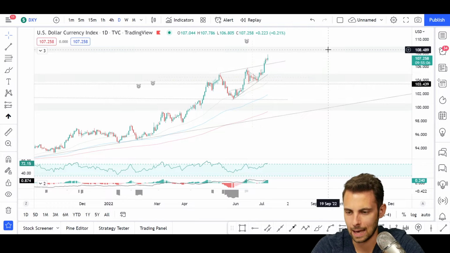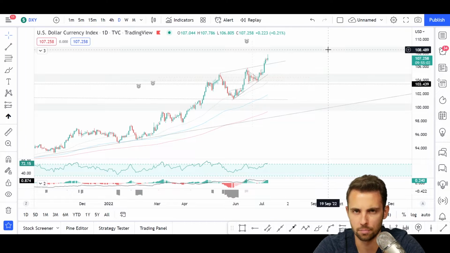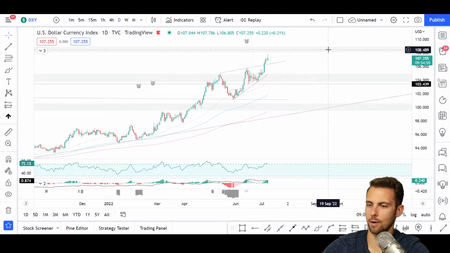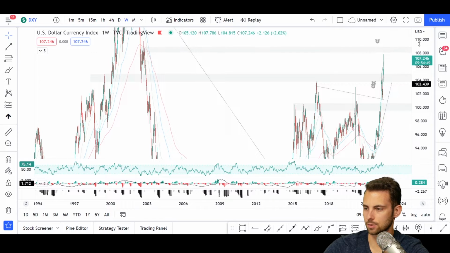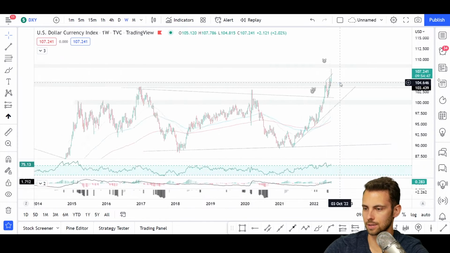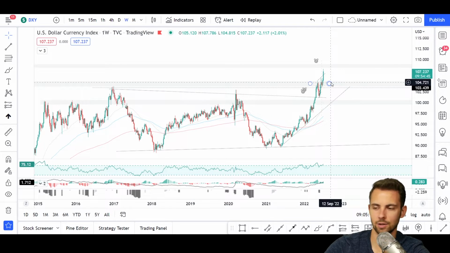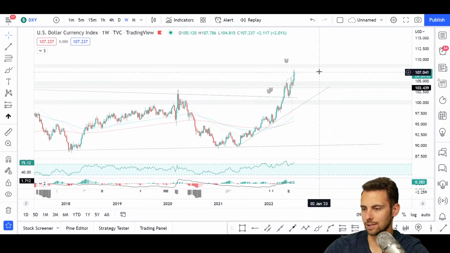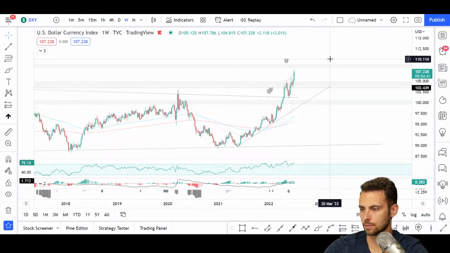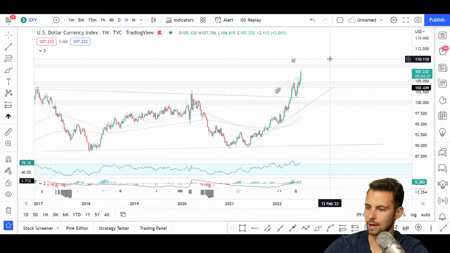So let's have a look at the US dollar currency index. That is one of the most important indicators of whether we are in a risk on or risk off environment. Right now, the US dollar index has crossed the levels seen before at 105 points, and is heading relentlessly to 110.